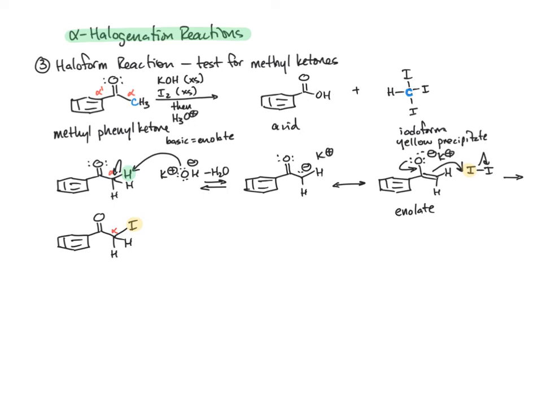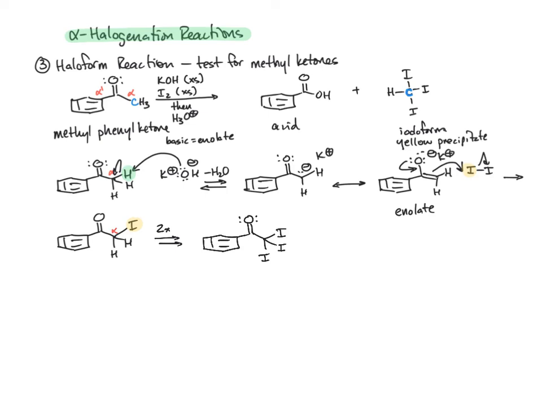So because we're using excess base and iodine under these conditions, that happens 2 more times. So each hydrogen is substituted for iodine. And again, each iodine is electron withdrawing, so it's increasing the acidity of the remaining CH bonds.